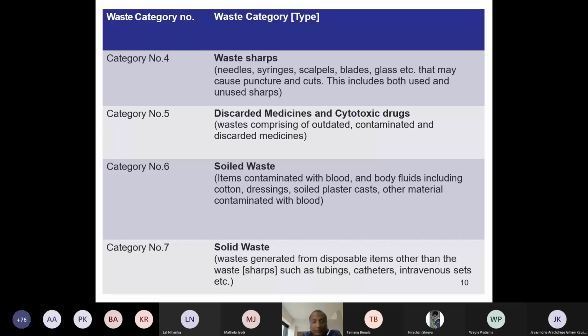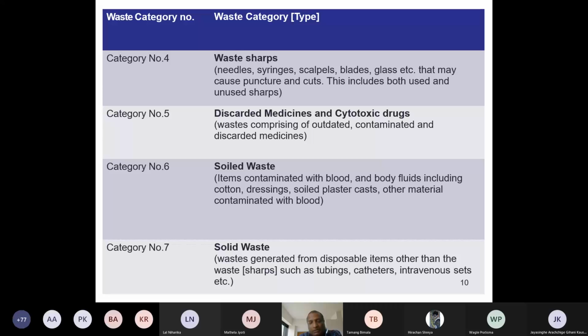So category number 5, who will tell? Jyoti has told. Now, please, category number 5. In the hospitals, you can see there is not only the treatment of the patient, but also discarded medicines and cytotoxic drugs. I told you, pharmacology department or pharmacy, so many things.